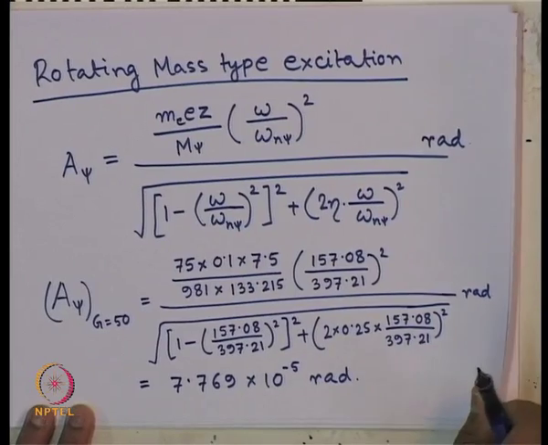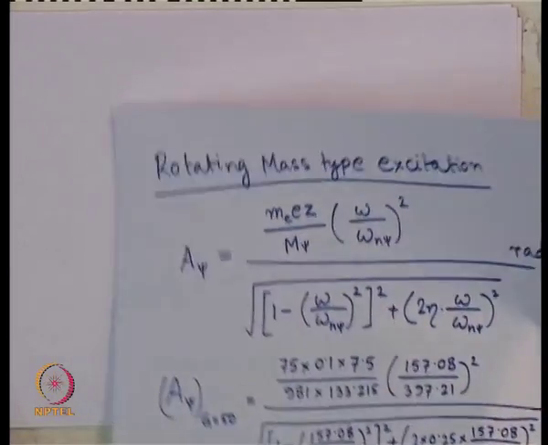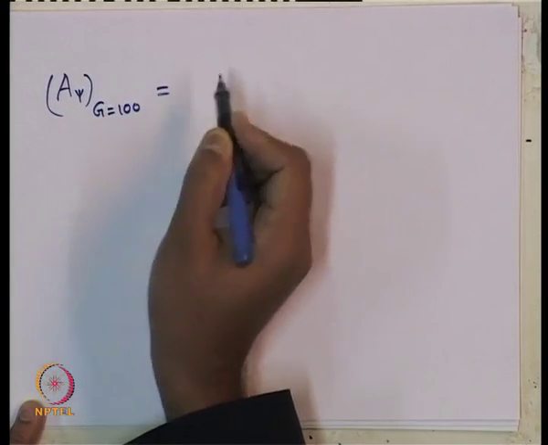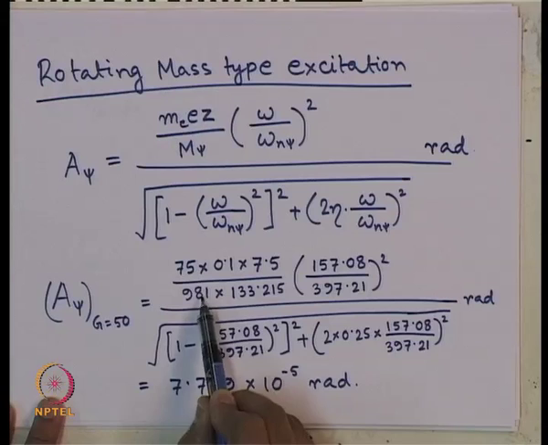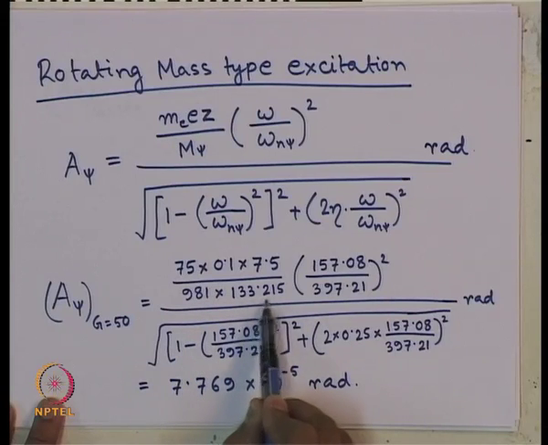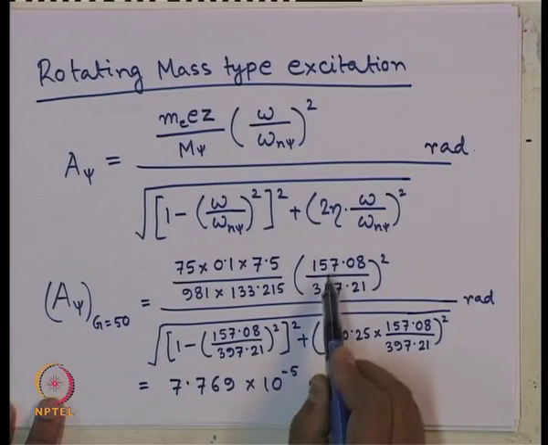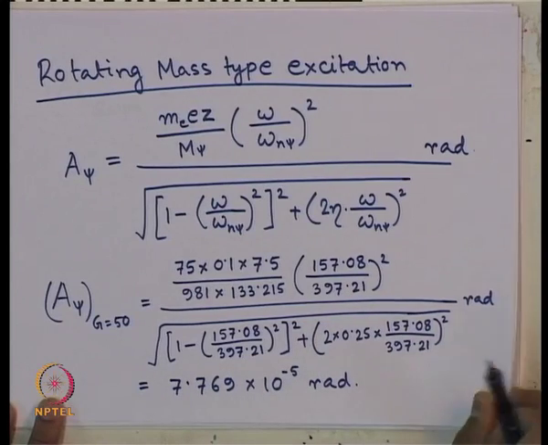Is that fine? Now, let us calculate for the other two cases of soil, A psi for g equals to 100. What are the changes? Let us look here. These values will remain the same, only m psi will change as the soil type changes. Also this omega remains the same, but omega n psi will change as the soil changes.